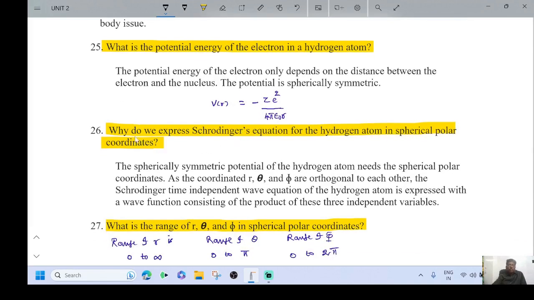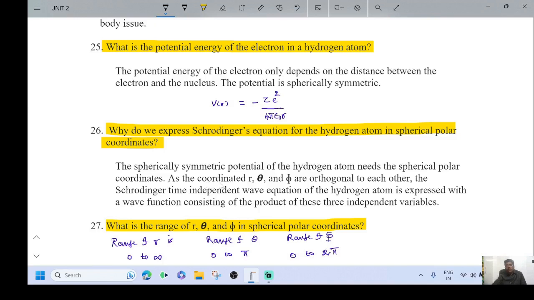Why do we express Schrodinger's equation for the hydrogen atom in spherical polar coordinates? Rather than expressing the equation in Cartesian coordinates, we are expressing the Schrodinger equation in terms of r, theta, phi. What is the reason? The spherically symmetric potential of the hydrogen atom needs spherical polar coordinates. Suppose the potential is spherically symmetric, it is a function of r only.